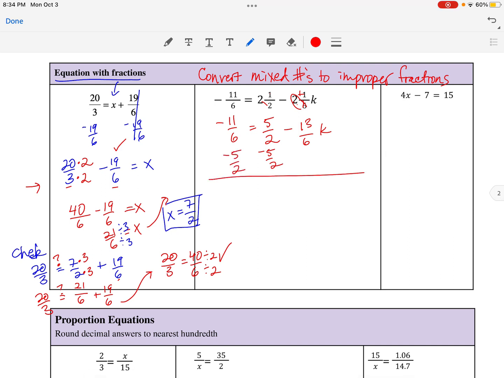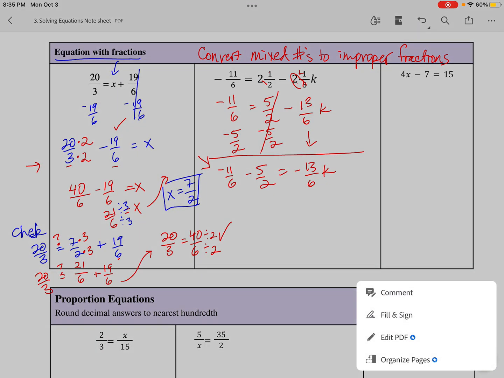I'm going to then rewrite this here. Negative 11/6 minus 5 halves. This 5 halves canceled on that side. And then this is what is left on this side, negative 13/6k. Okay, now to simplify this side, negative 11/6 minus 5 halves, I need a common denominator.